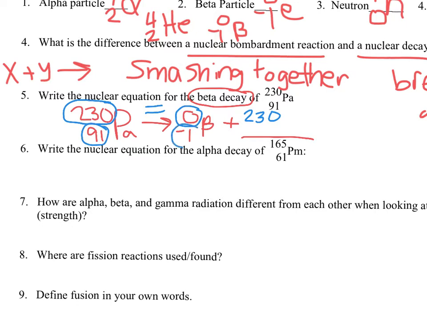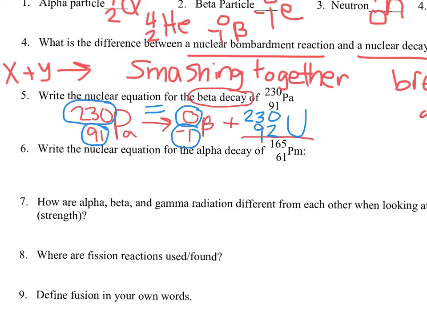So on the right side of the arrow, what plus a -1 gives me 91? That's 92. And element 92, if you look on the periodic table, is uranium. So this beta decay actually gave off a beta particle and converted this element into a new one, which is uranium. Let's jump to number 6.